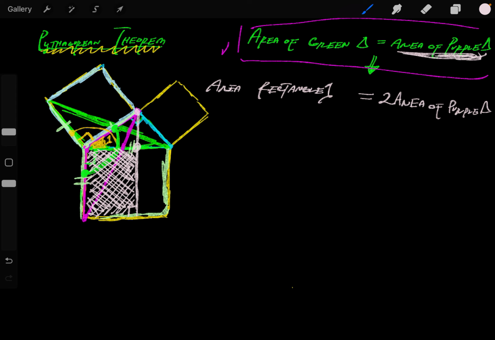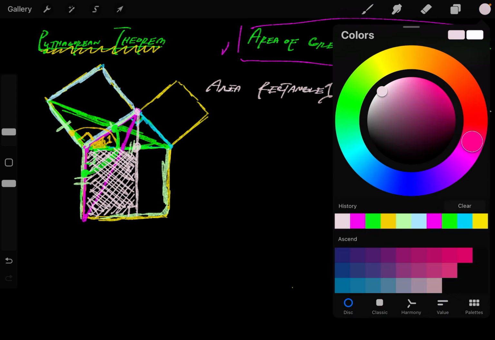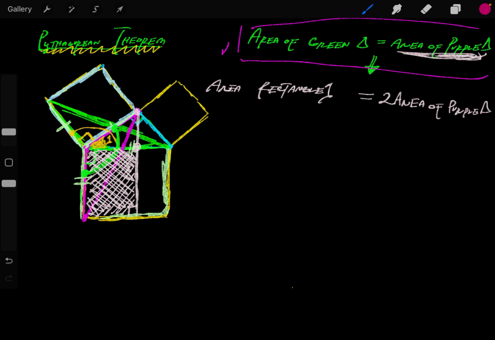Now, how am I going to do that? Well, let's look at this purple triangle right here. We just need to convince ourselves that if I draw, so imagine this line being extended, and I draw the perpendicular, or the altitude, from down here that forms a 90-degree angle, this is your h, the height for a triangle.